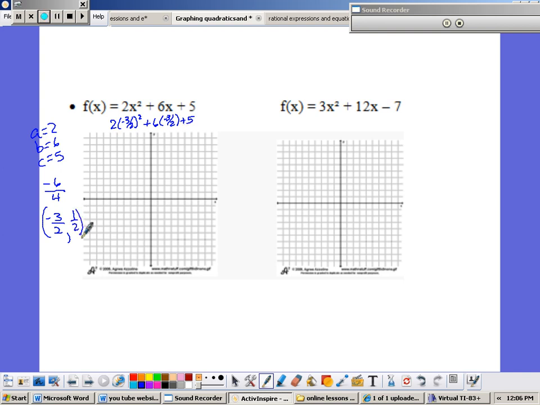So my vertex is at (-3/2, 1/2), that is -1.5, up a half. If I go in and do my y-intercept, these cross out because it becomes 0. I go 1, 2, 3, 4, 1, 2, 3, 4, 5. I went over 1.5 and up 4.5, so I go over 1.5 and up 4.5.